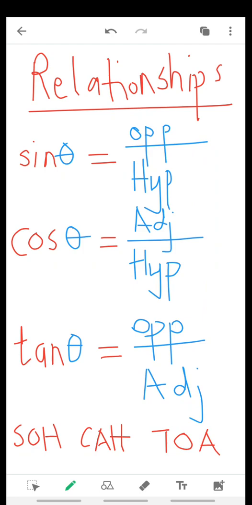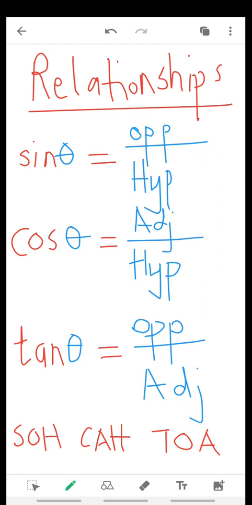And then on the right hand side, all of those, opposite over hypotenuse, adjacent over hypotenuse, opposite over adjacent, they stand for sides. So I'm relating the angle and the sides of a right angle triangle. These are the relationships, the trig ratios. So let us try and understand what these relationships stand for.